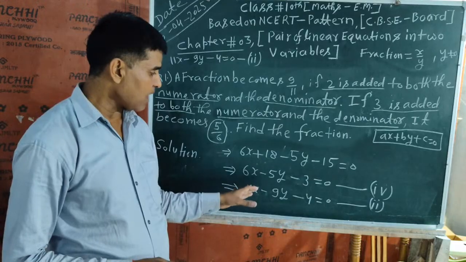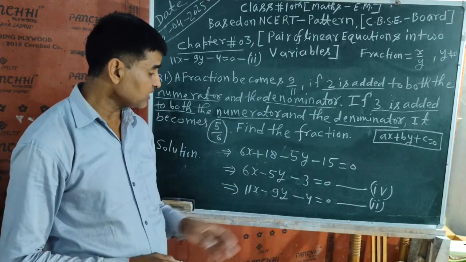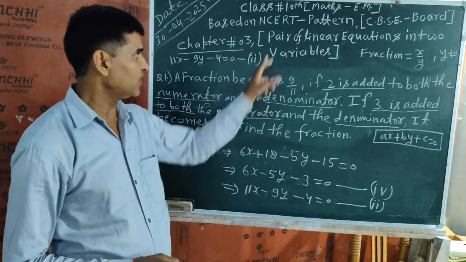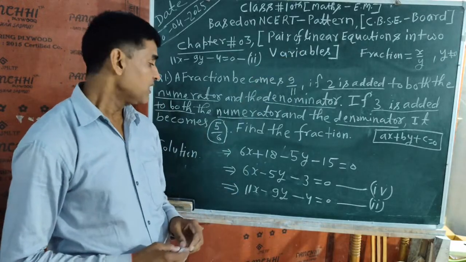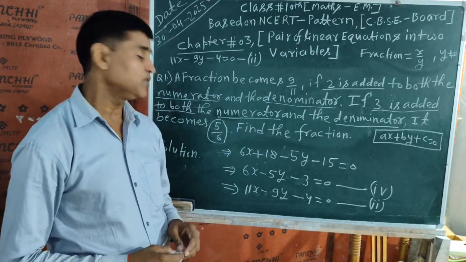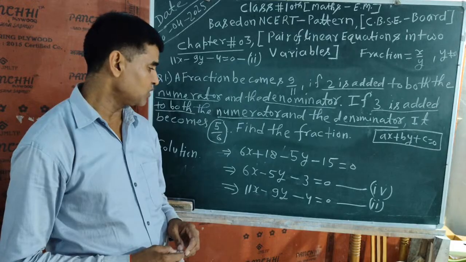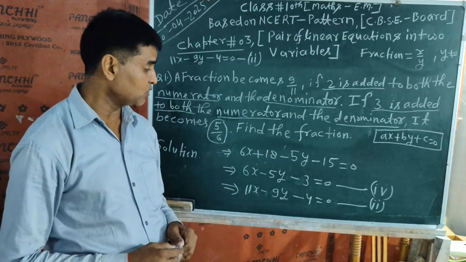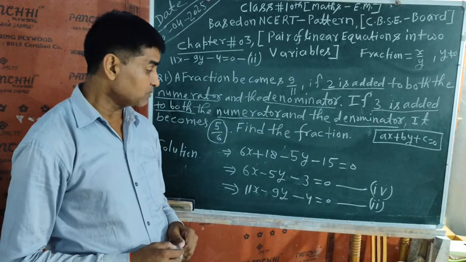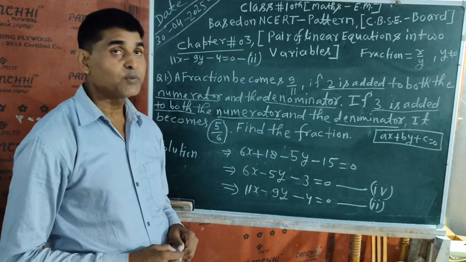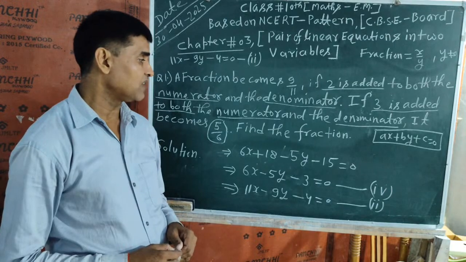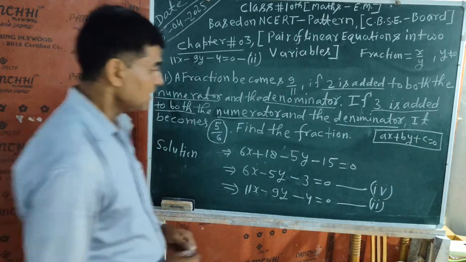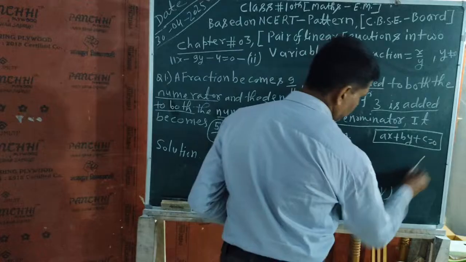So here I am going to check the condition. The first condition of a pair of linear equations in two variables is a1 divided by a2 is not equal to b1 divided by b2. If both linear equations follow this condition, it means that both lines are not parallel to each other. It means that both lines will cut at a certain point, so the lines will be like this.